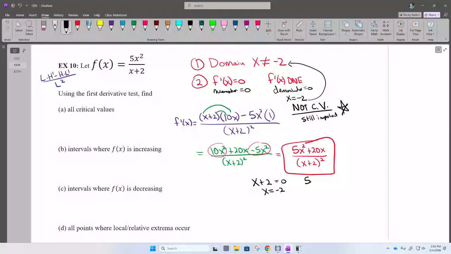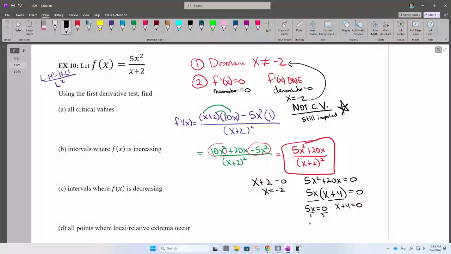Setting my numerator equal to 0, I can pull a 5x out front, and it leaves me with x plus 4. So I have this product equal to 0. So that's either 5x equals 0 or x plus 4 equals 0.